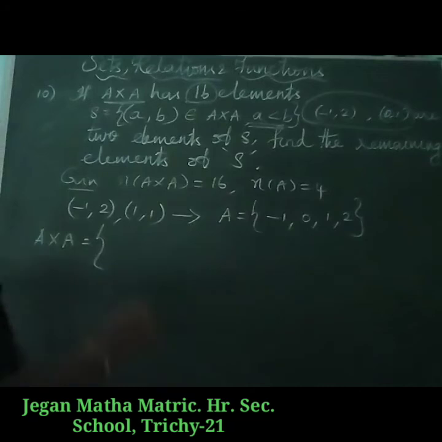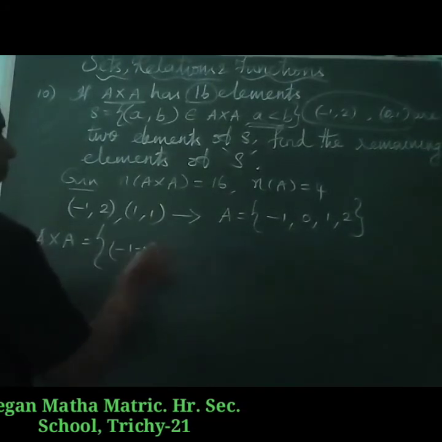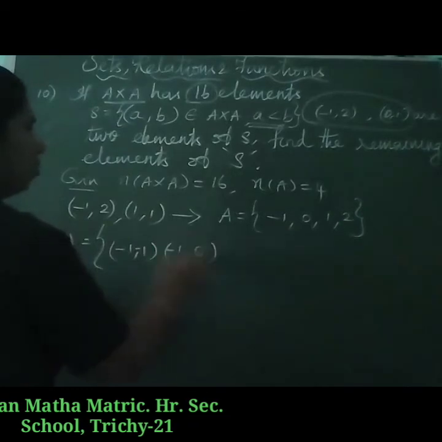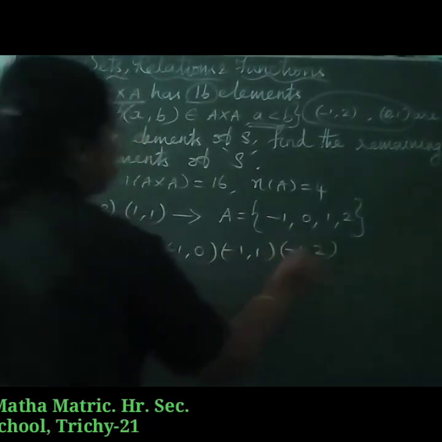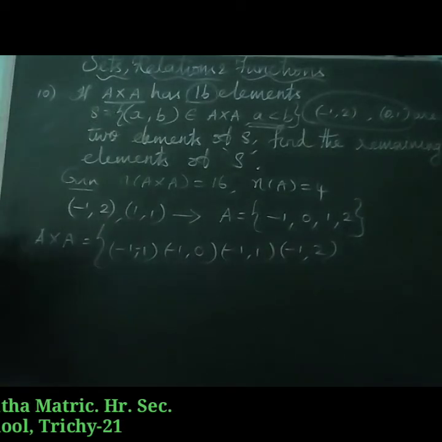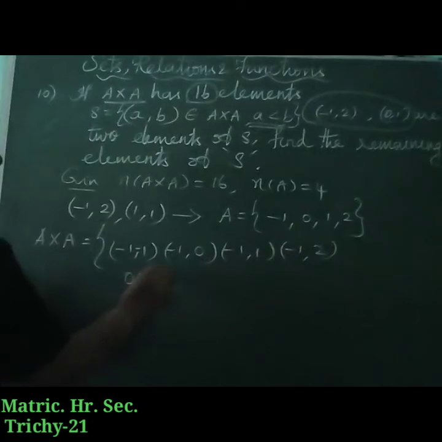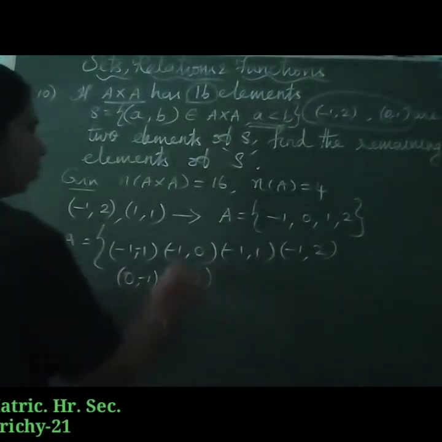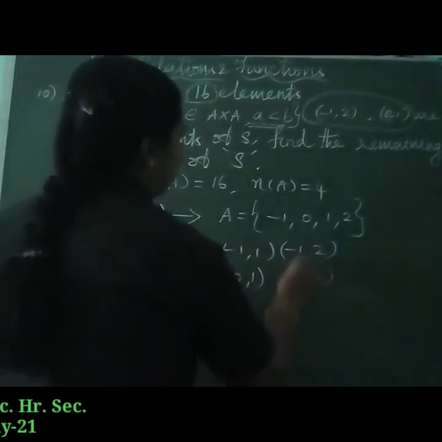The cross product: (-1, -1), (-1, 0), (-1, 1), (-1, 2). Next we can write with the second element: (0, -1), (0, 0), (0, 1) and (0, 2).